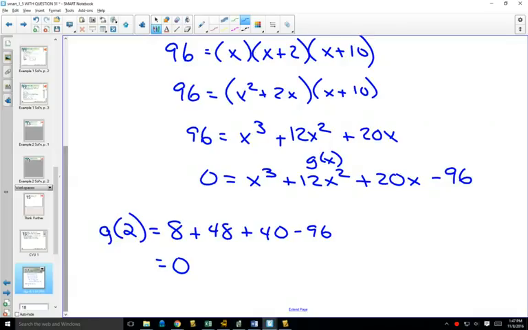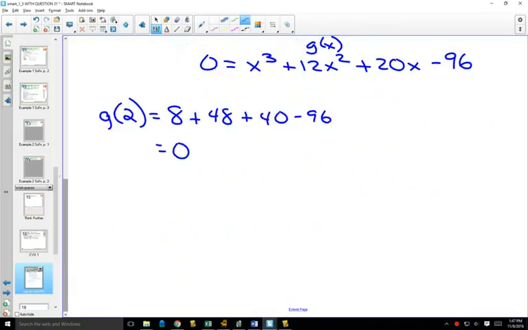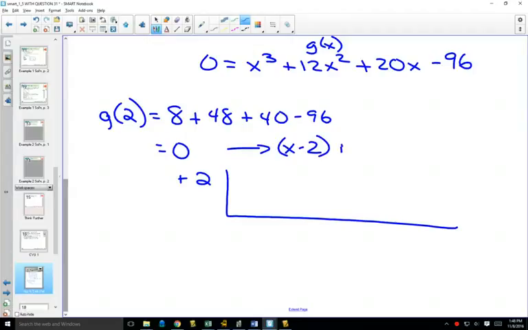It's all good? So once you have that, then you could use synthetic division. Sorry, if I plugged in 2, there'd be a plus 2. This means that x minus 2 is a factor.